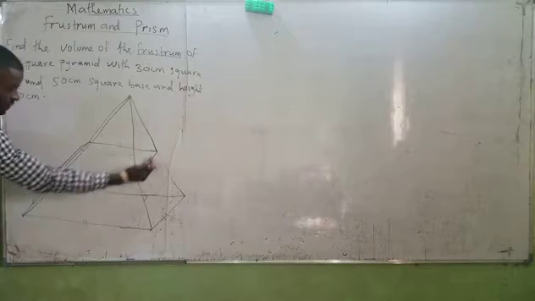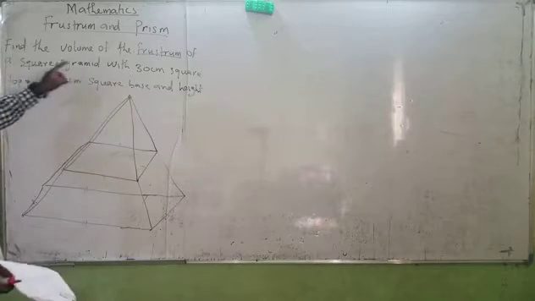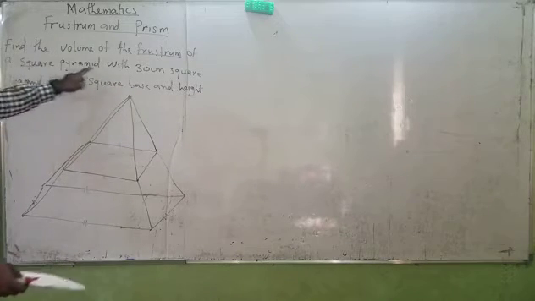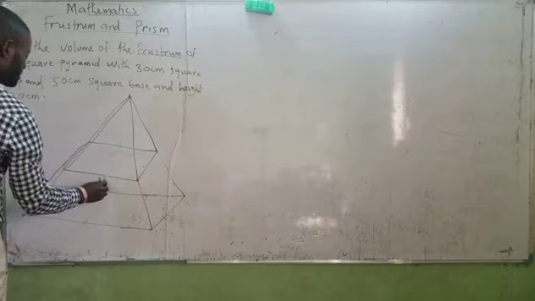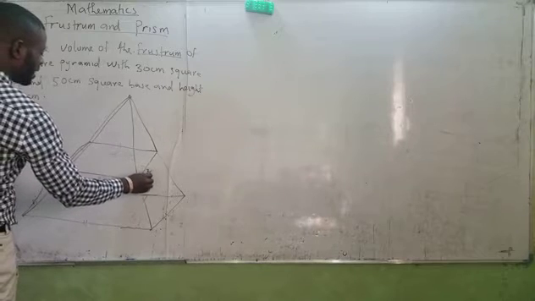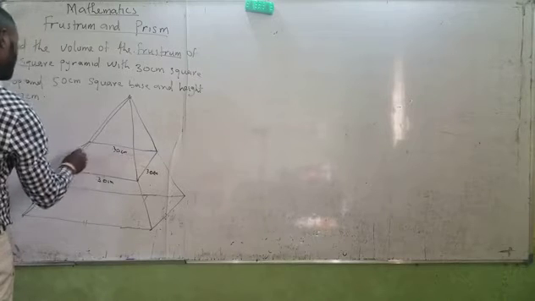This is the cut-off. Now, you say it is a square pyramid with a 30 centimeter top, it means here is 30 centimeter, 30 centimeter, 30 centimeter, 30 centimeter.